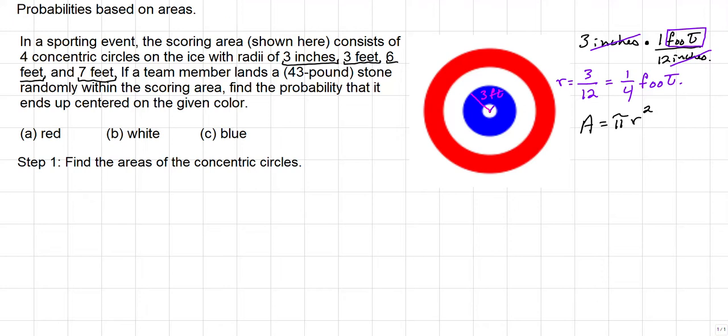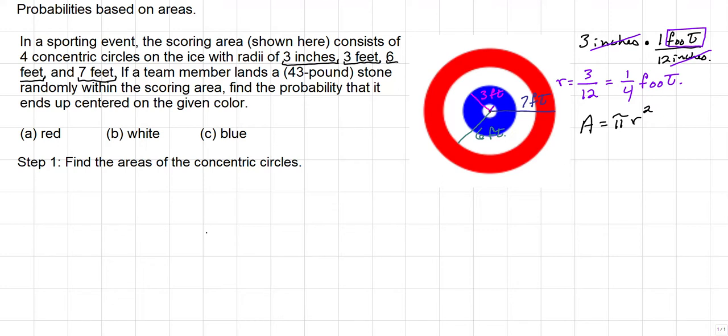I know that the radius of this larger white circle is going to be 6 feet. And I also note that the radius of the larger circle with the red ring on the outside is going to be 7 feet.